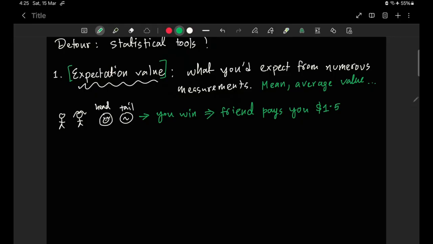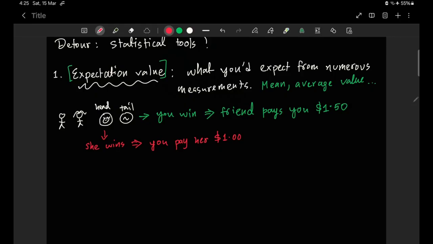Okay. And every time the coin lands on a head, this implies that your friend wins. So she wins, and her winning leads to the fact that you pay her $1. Okay. This is what the game really is.